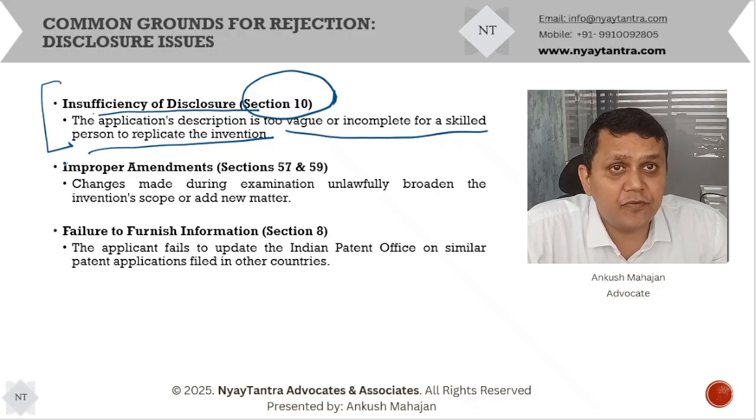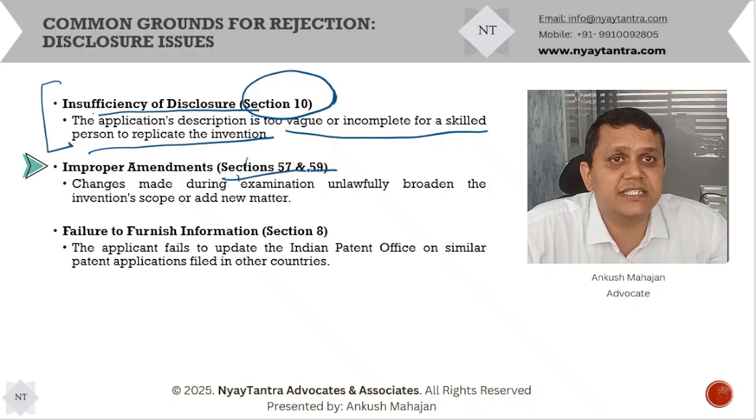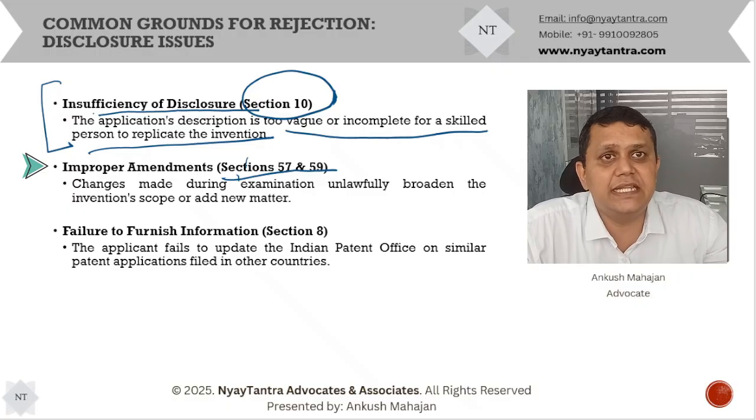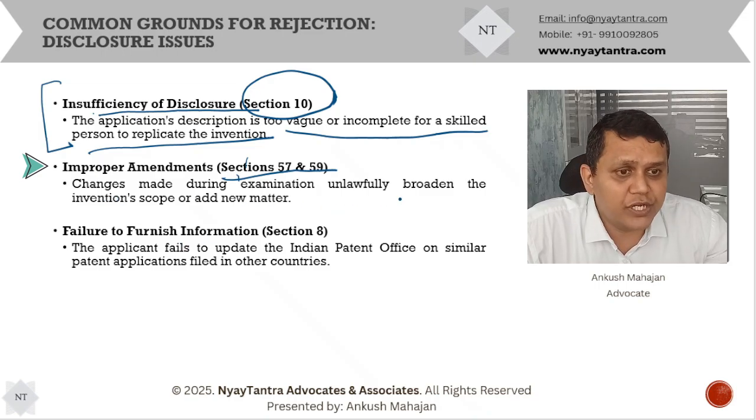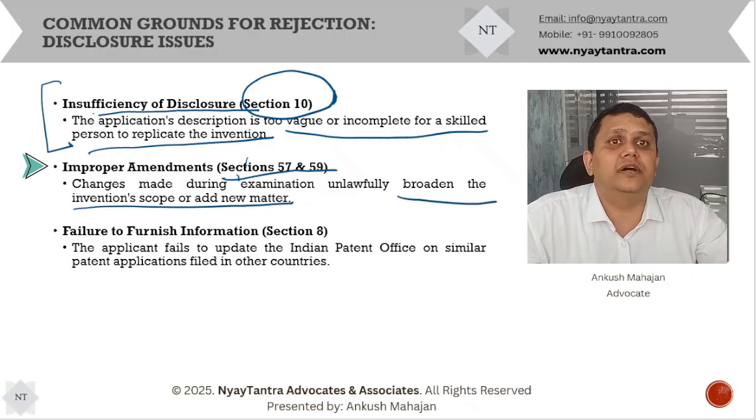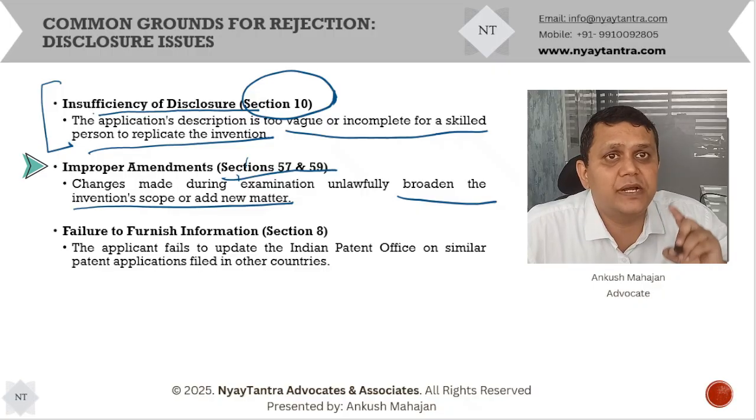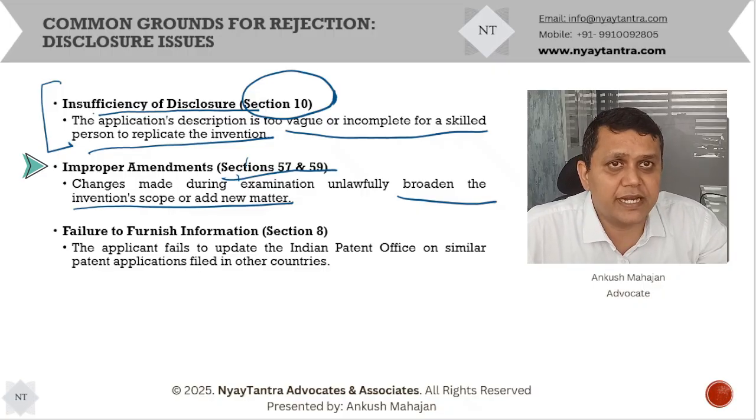Another type of rejection which we have seen is in relation to section 57 and section 59 of the Indian Patent Act. Many times we tend to amend the claims to overcome the prior art or to overcome the objections issued by the learned controller. During these amendments, sometimes the controller disallows them, citing that you are trying to broaden the scope of the invention in your newly amended claims, which is not permissible under the Indian Patent Act.